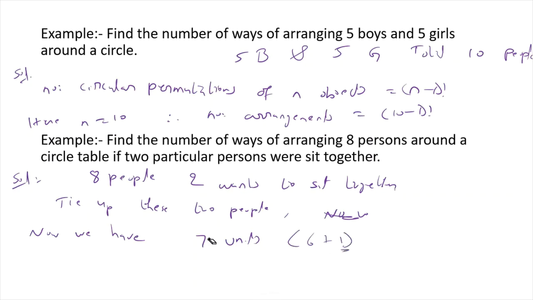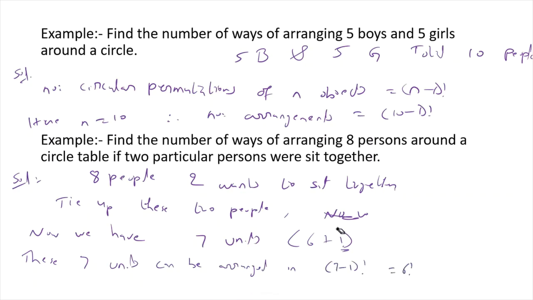Now in how many ways can we arrange these 7 units around a circle? These 7 units can be arranged in (7 minus 1) factorial, that is 6 factorial ways.